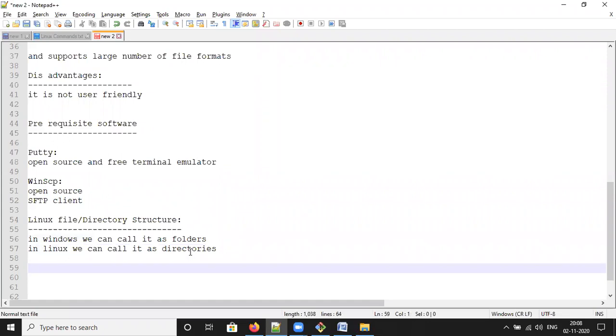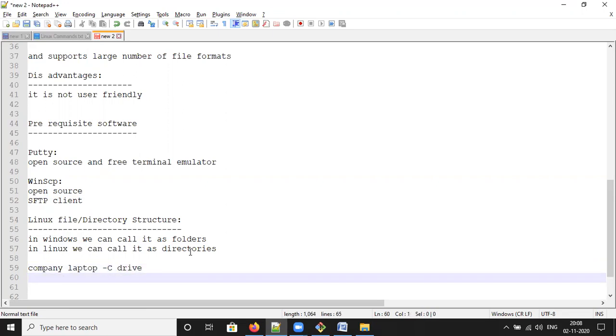And assume you are using a company laptop. If you are using any company laptop, there is only one drive, that is the C drive.